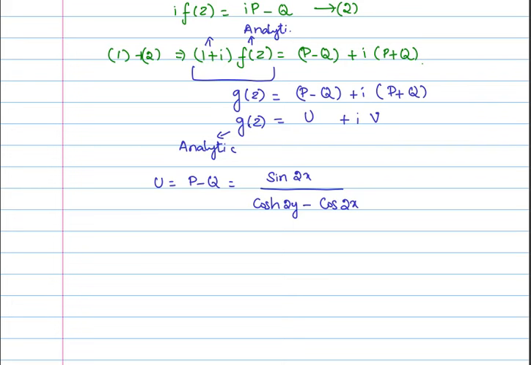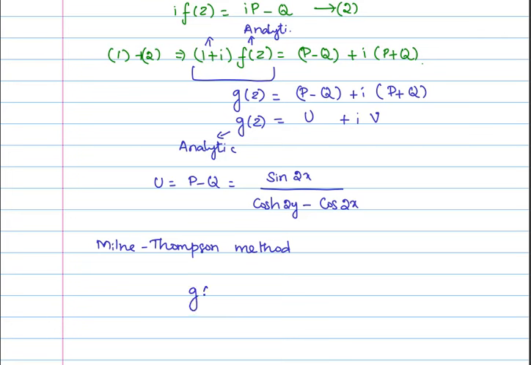So my aim is first to determine g of z, then I can find f of z. Now I am going to use the Milne-Thomson method.